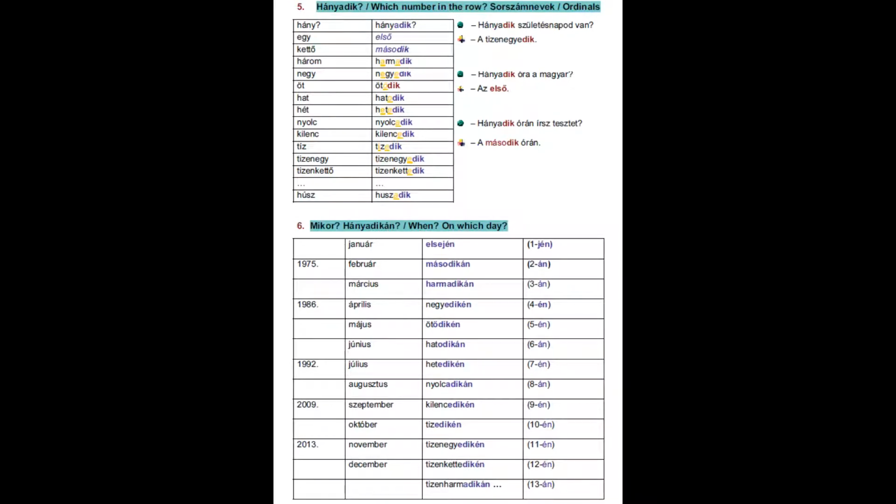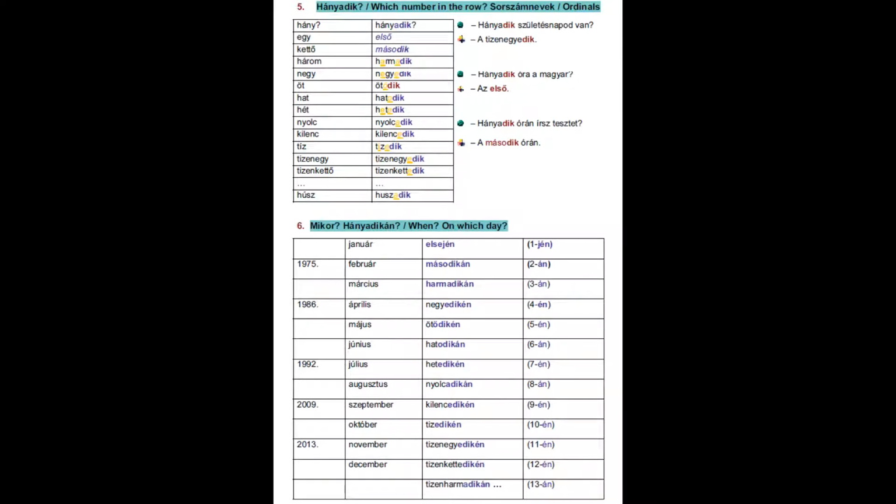Okay, so sor is row. Szám is number. Remember, számok is numbers. Számtan is math, mathematics.